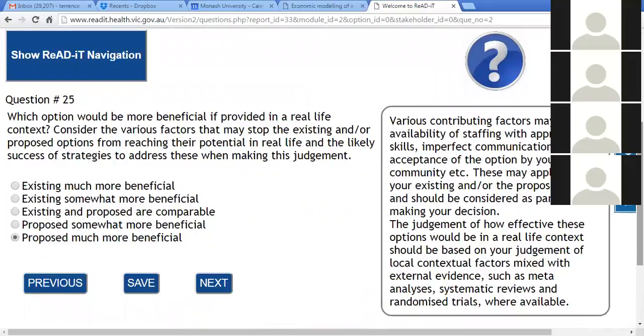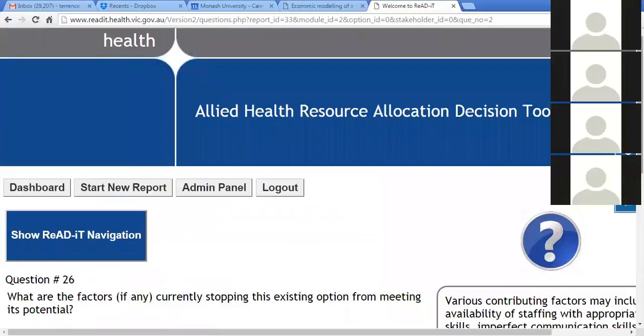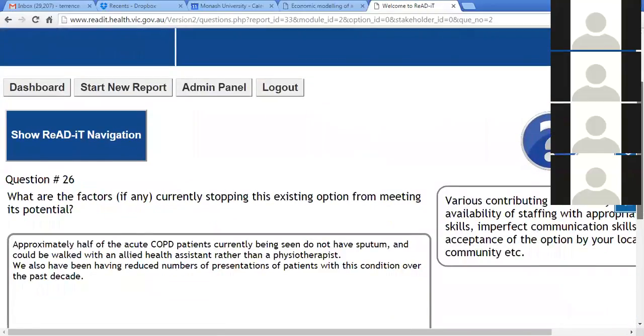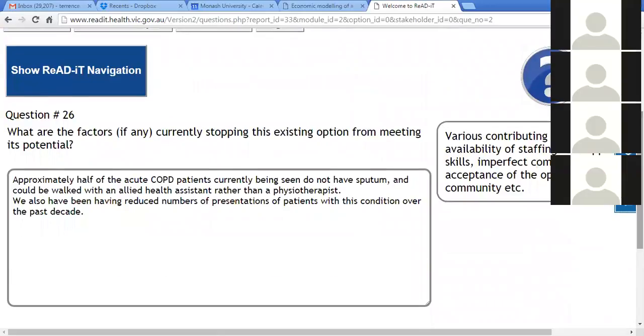So for this one, I've said the proposed service is probably much more beneficial. Why have I said this? Well, the next question asked me to record the factors that are currently stopping the existing option from meeting its potential. And what I've said is that about half of the acute COPD patients we currently see don't have sputum. So we're probably wasting our time according to those guidelines.